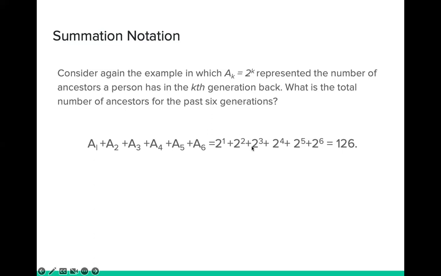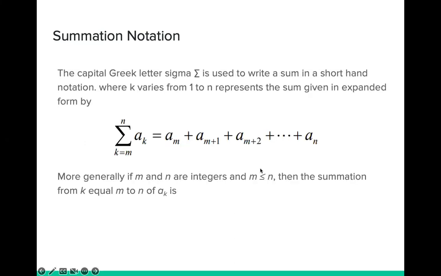And then we have 2 raised to 3 for the third generation, for the great grandparents, and so on. So we see a pattern here: 2 raised to 1 plus 2 raised to 2 plus 2 raised to 3, and so on. So this results to 126. It means that the number of ancestors a person has for the past 6 generations will be 126.